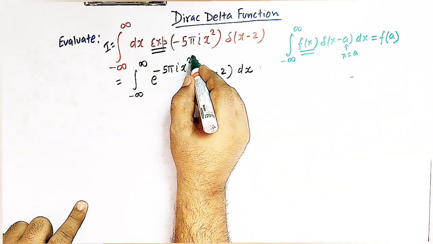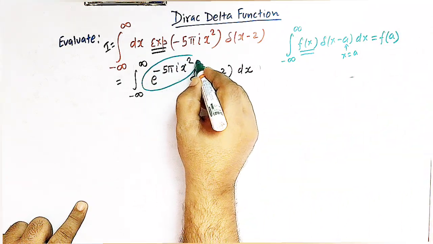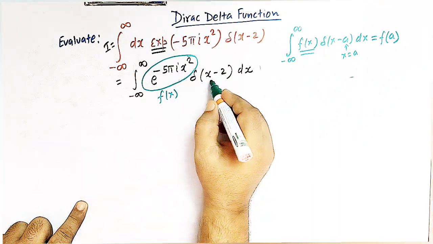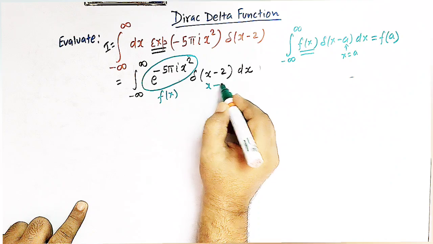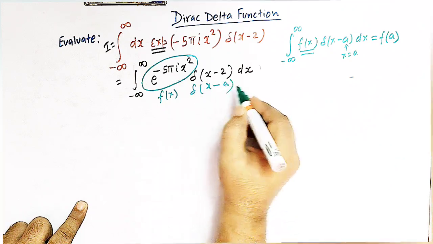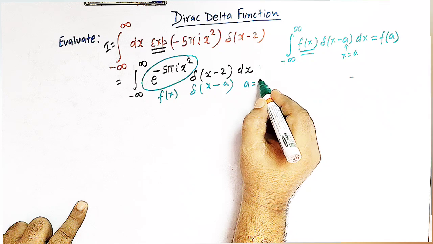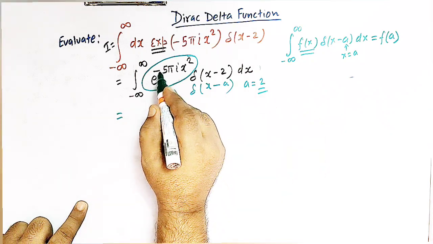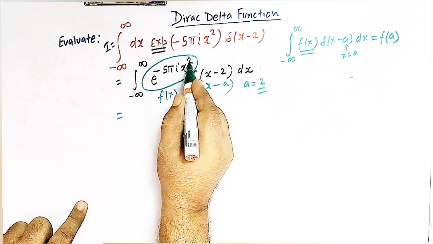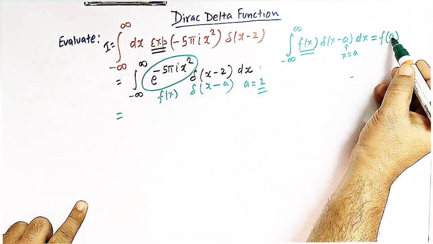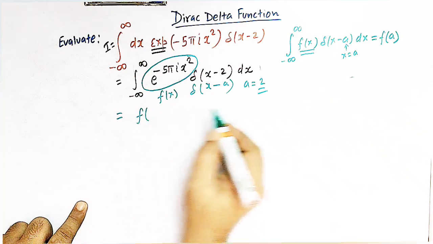So here what we can do, we can assume this function as f of x, and here we have delta of x minus a. So the value of a is equal to 2, right? So now f of x is e raised to minus 5 pi i x square. So the value of this integral is equal to f of a, and a is 2.